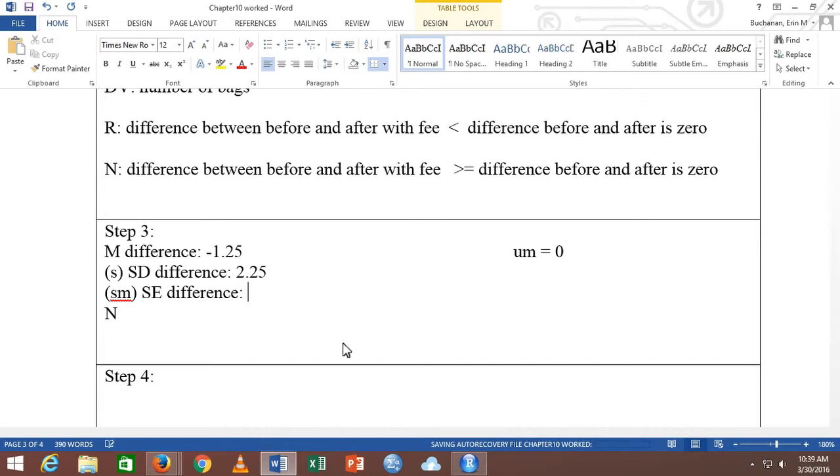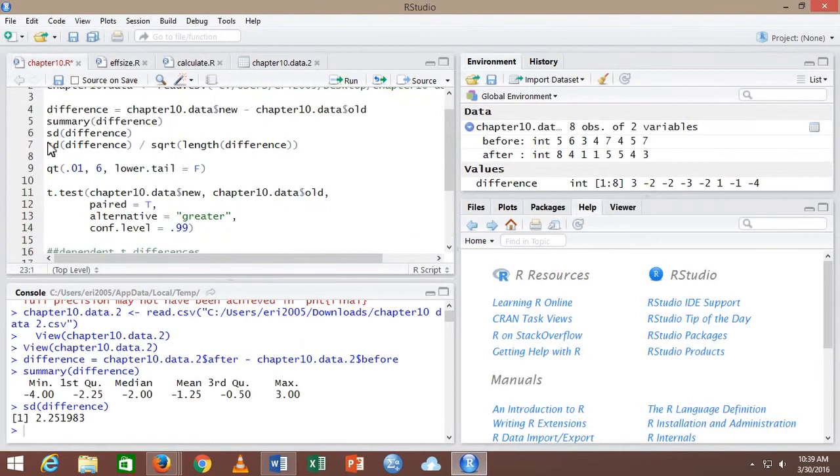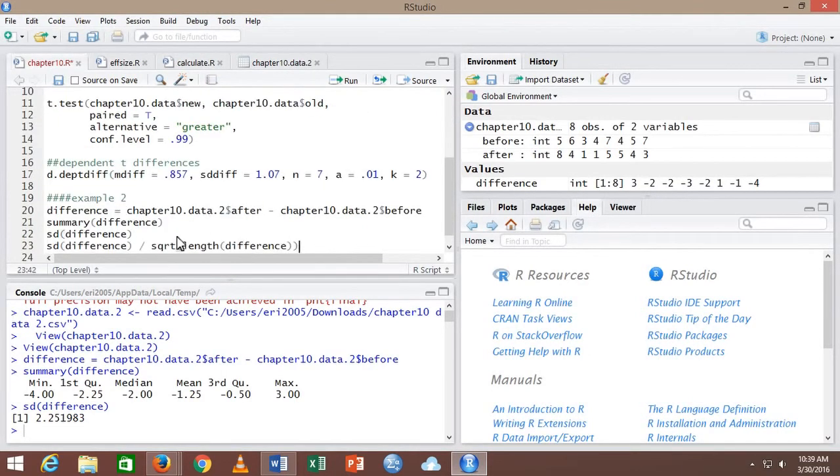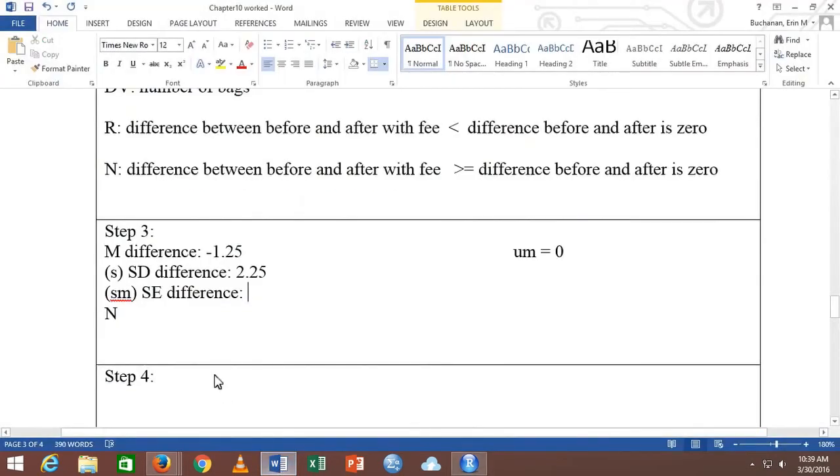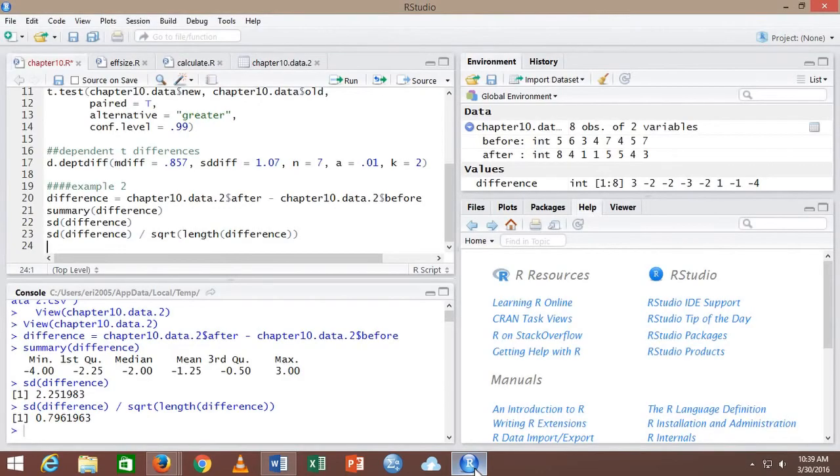Our standard error is divided by the square root of n. We've been using this little bad boy to make that happen for us. So standard deviation divided by the square root of the length, so we don't put the wrong n in there. It's 0.80. I'll give you a second to type that if you don't have it copied.